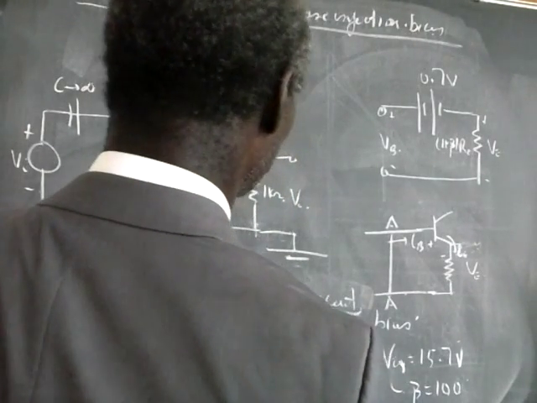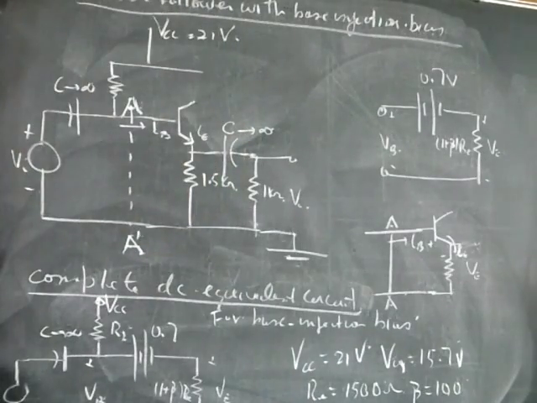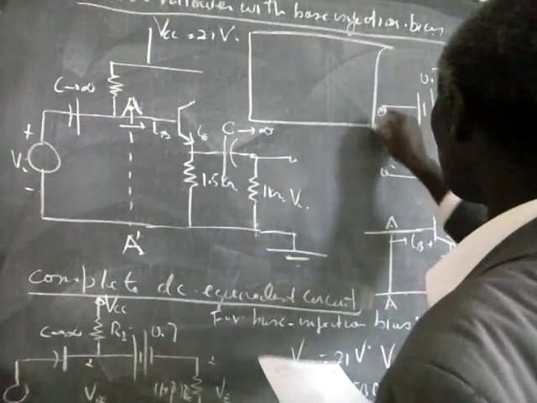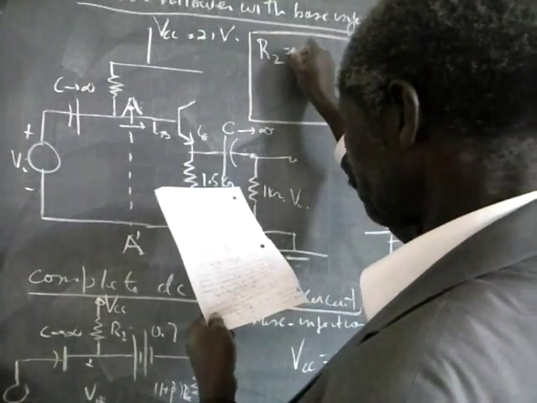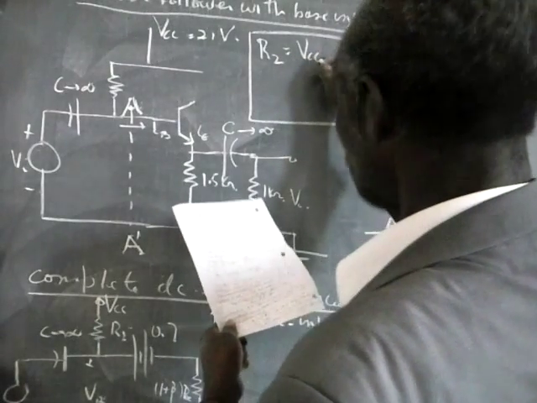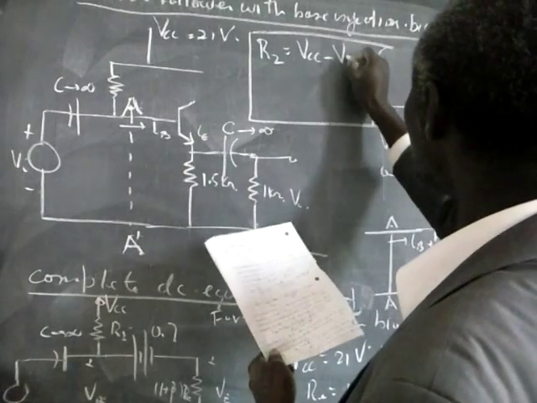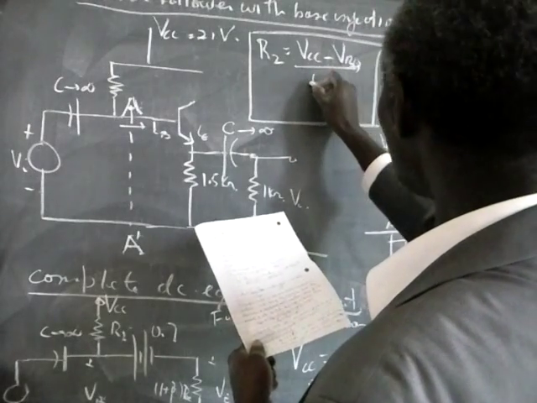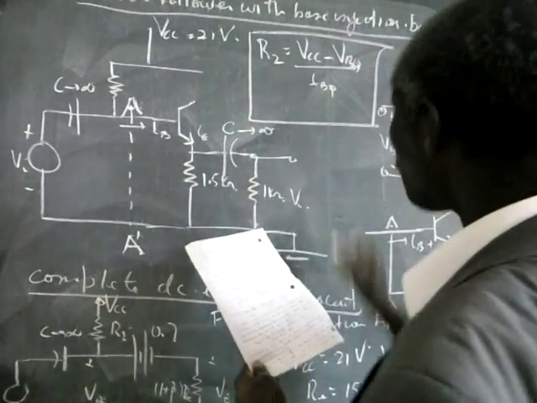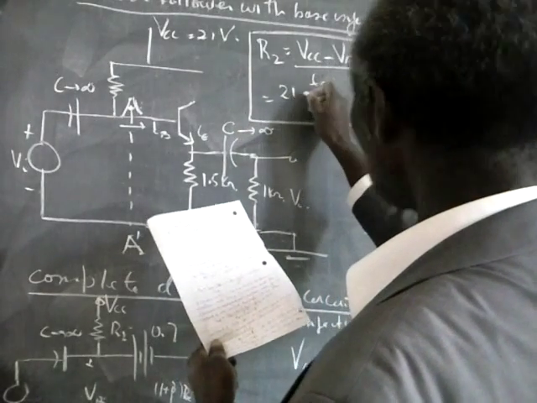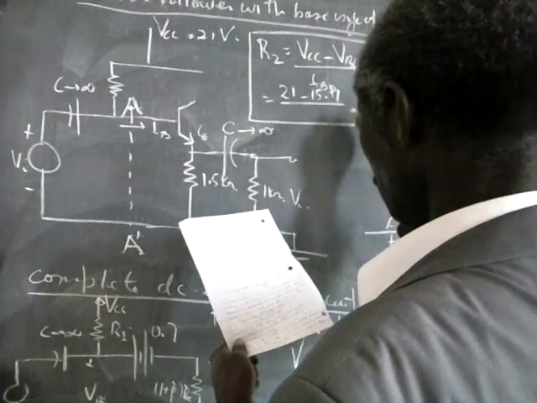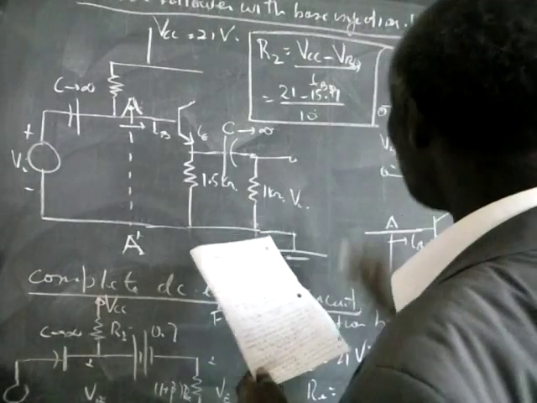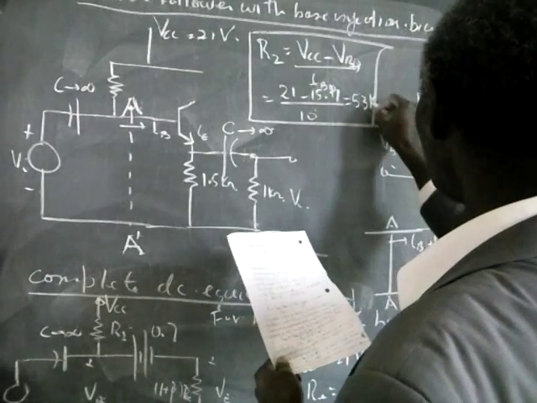We calculate R2. From the value that I equal to 21 minus 15.7 over 10 equal to 53 kilo ohms.